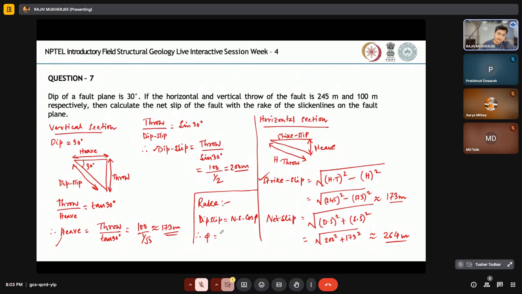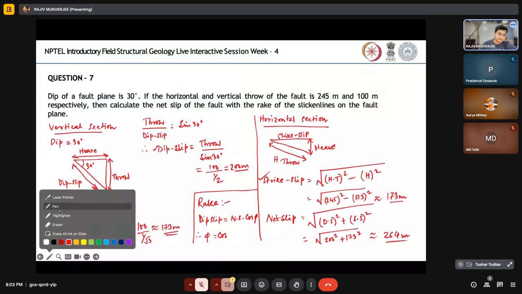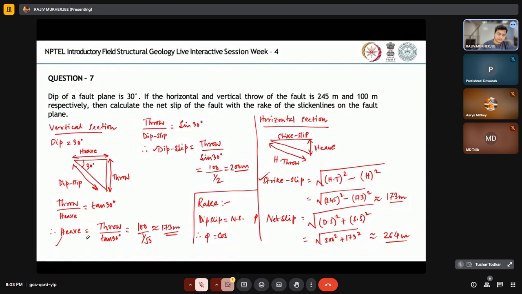Therefore, phi is basically sin inverse of dip slip 200 by net slip 264, and the value is 49 degrees. So this is the rake of the fault, and the magnitude of the net slip is around 264 meters.